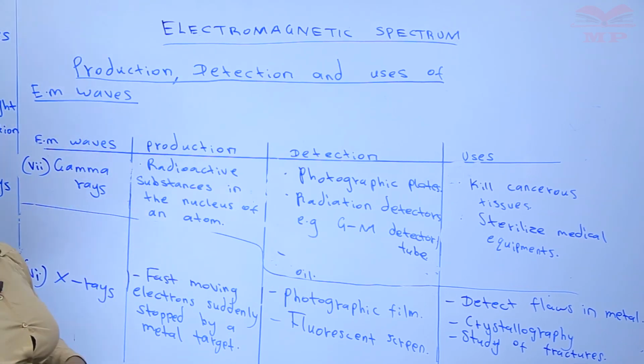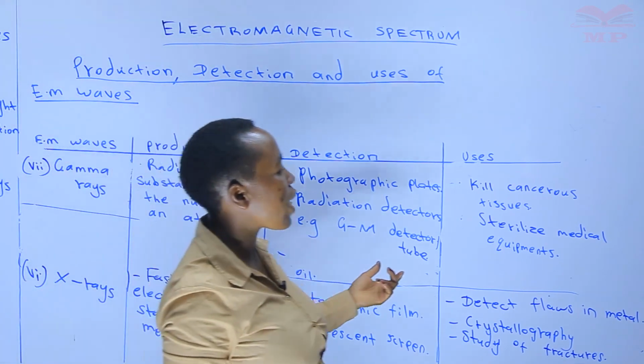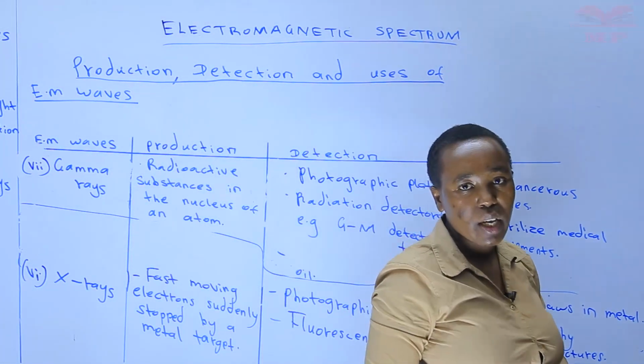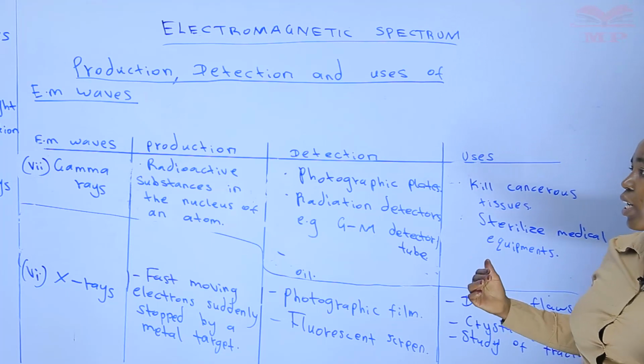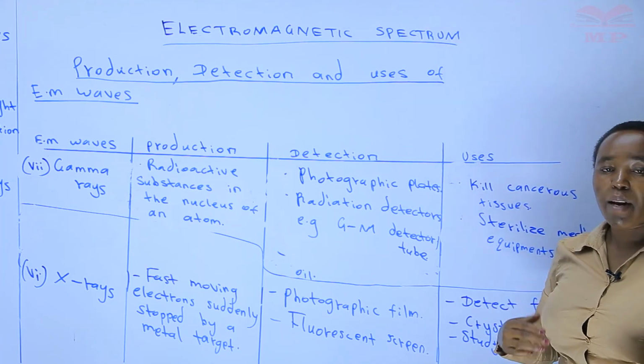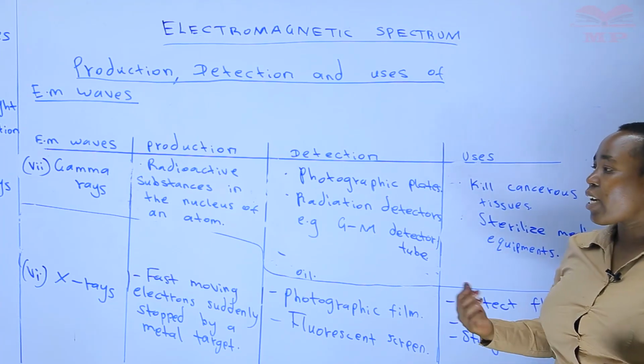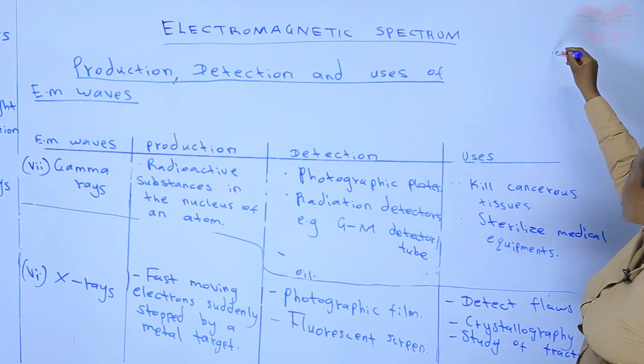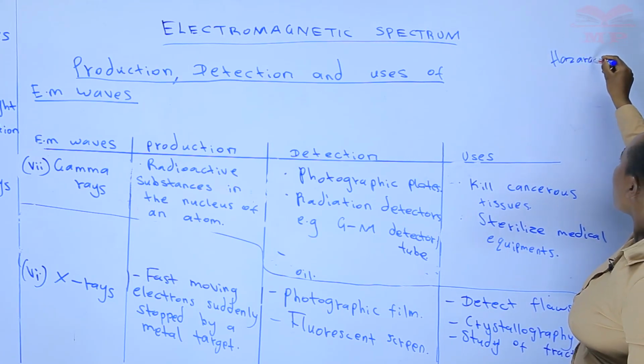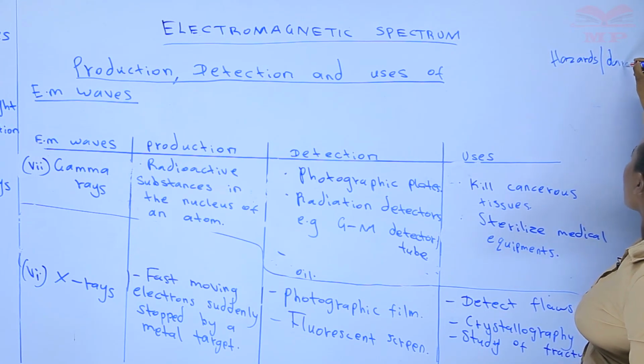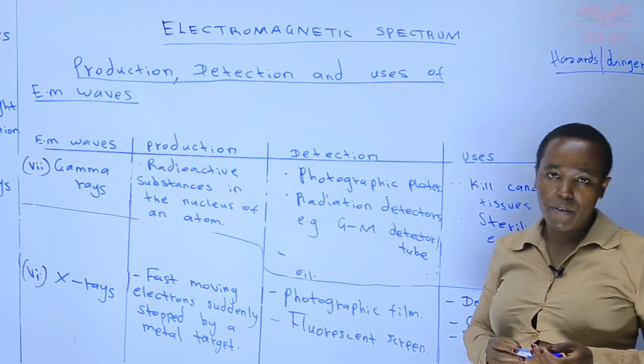During the next lesson, now that we have looked at the uses, we know that long exposure to these waves can be hazardous, and therefore we'll be looking at the hazards, or the dangers, of these EM waves.